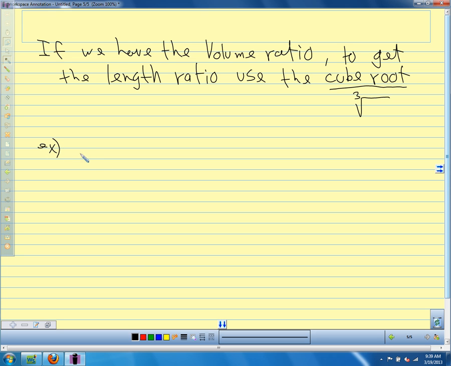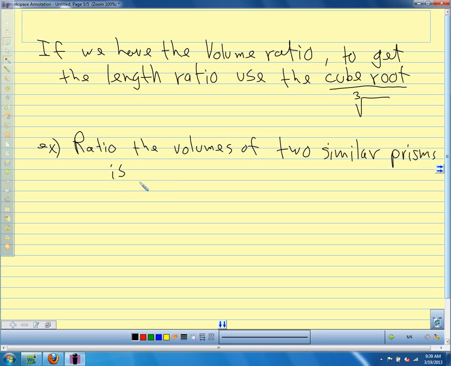So let's look at an example of that. So we have the ratio of the volumes of two similar prisms is 64 over 125.